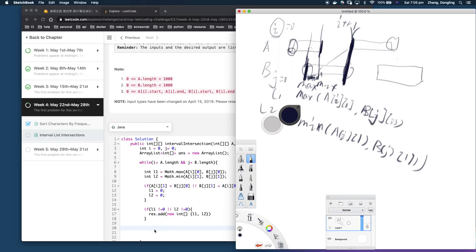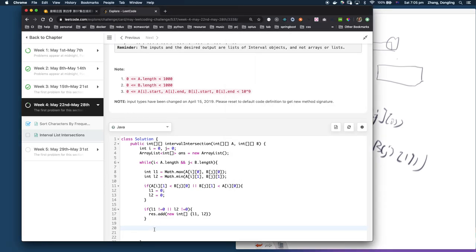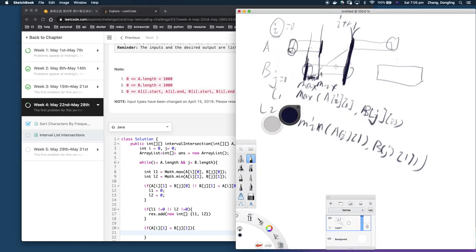So just write the code if you understand it. If the maximum of A[I] at this position is smaller than this one, you could move to the second one and see if somebody has an intersection with this one.